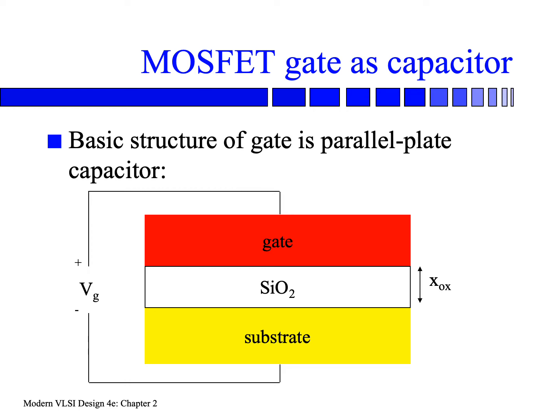We talked about that the channel will conduct current from source to drain. In between is silicon dioxide, which serves as the insulator. The thickness of this silicon dioxide is called Xox.